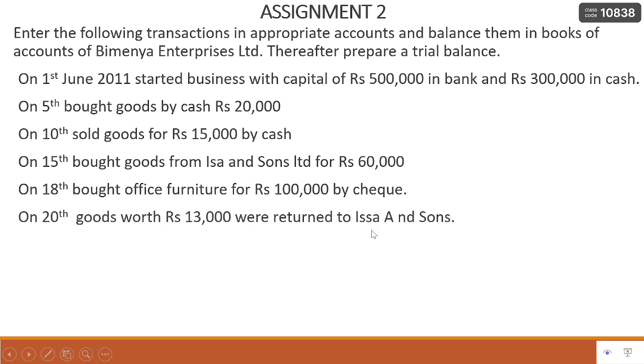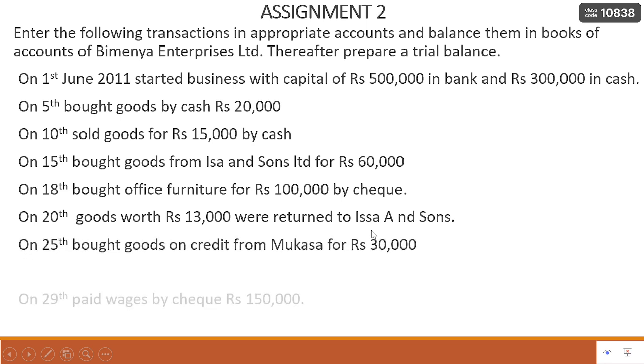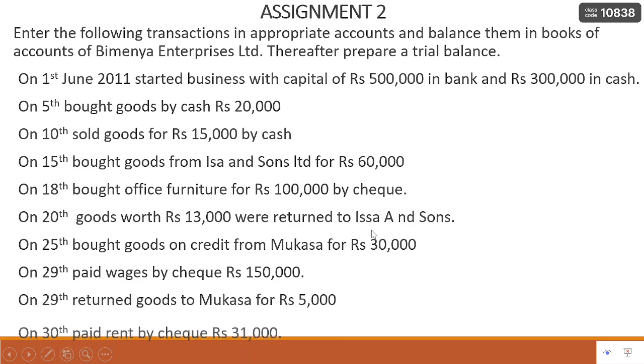Bought, sold goods, and on the 15th bought goods from Issa and Sons. Then we are required to enter this information into the appropriate accounts and balance them in the books of accounts. Then prepare the trial balance.